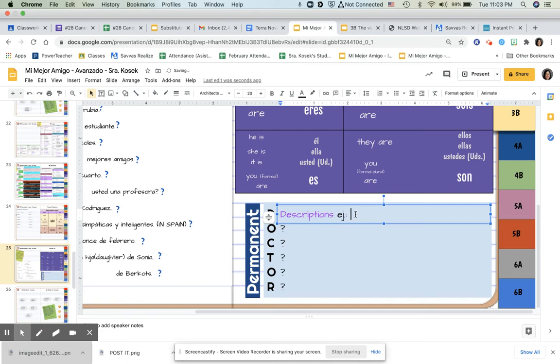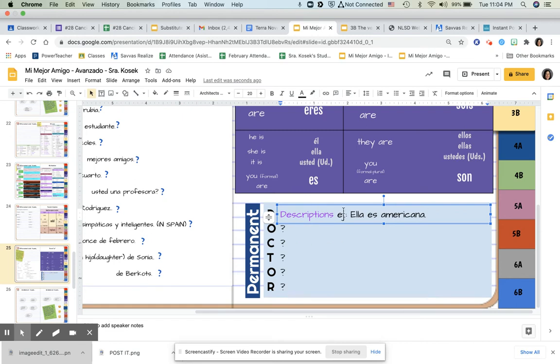Okay, an example. One of them was saying that, I guess, she's an American. Ella es americana. So that is a description. The most you guys know, though, would be probably using people's names.